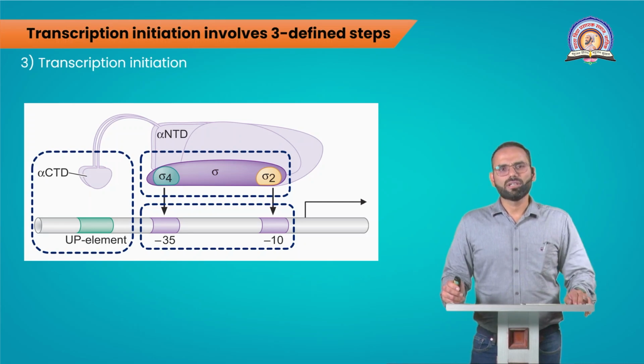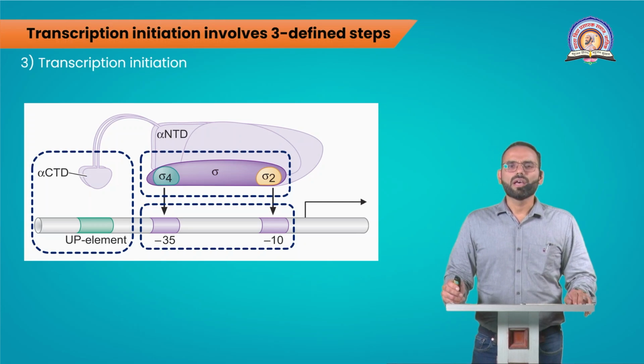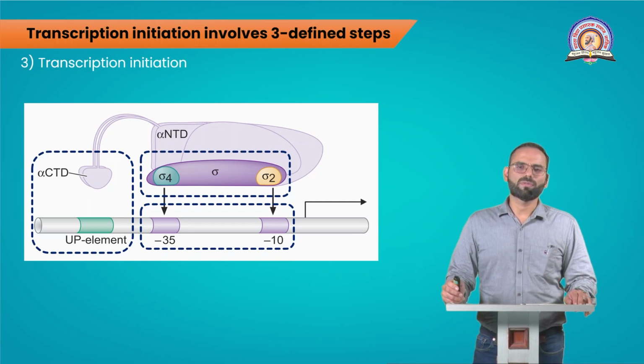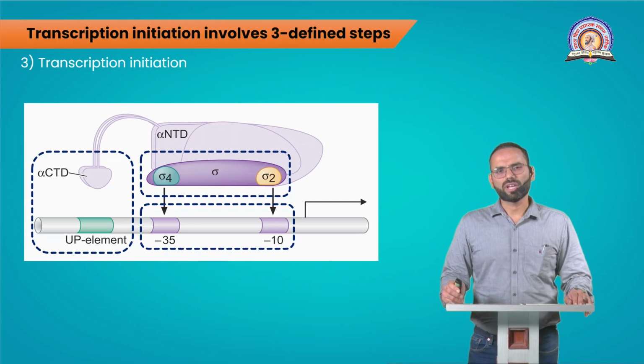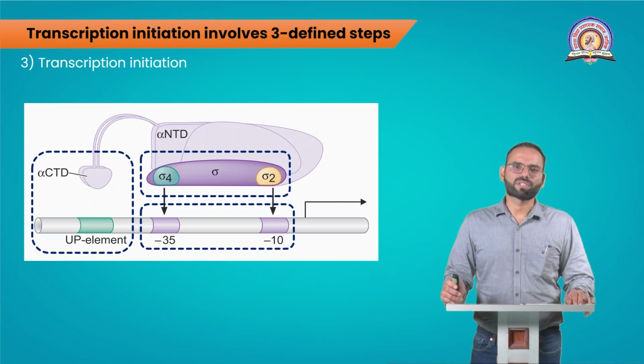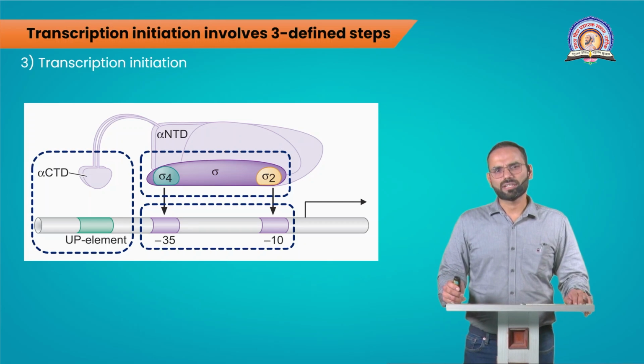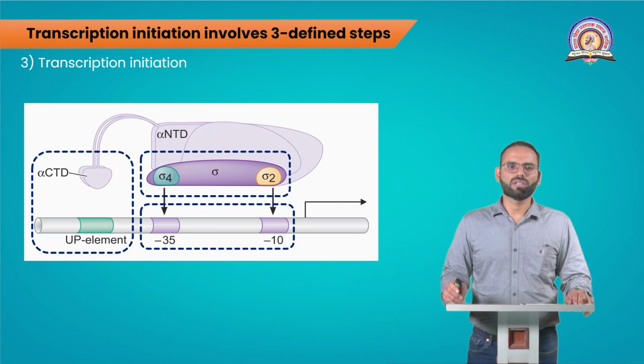And there is an additional domain associated with the RNA polymerase, that is the C-terminal domain. This C-terminal domain is very critical to interact with the upstream element. All these interactions result in the formation of a much more stable complex, and that will in turn lead to the transcription initiation process.